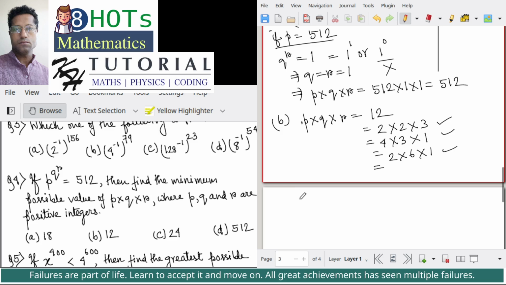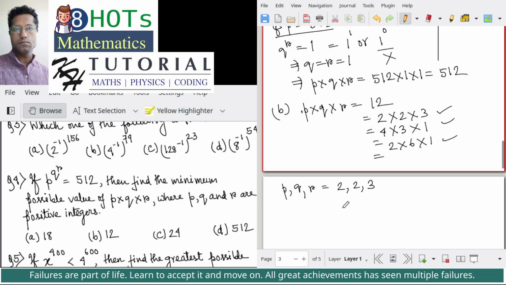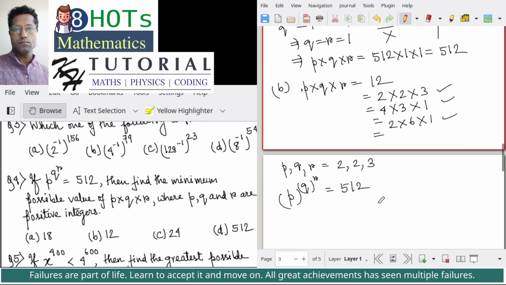Which one is P, whether P is 2 or 3, whether Q is 2 or 3, that is a different issue. But can we arrange P, Q and R, assigning values from the numbers 2 and 3, so that P raised to the power Q, this raised to the power R, will be equal to 512 or not? This we have to check.